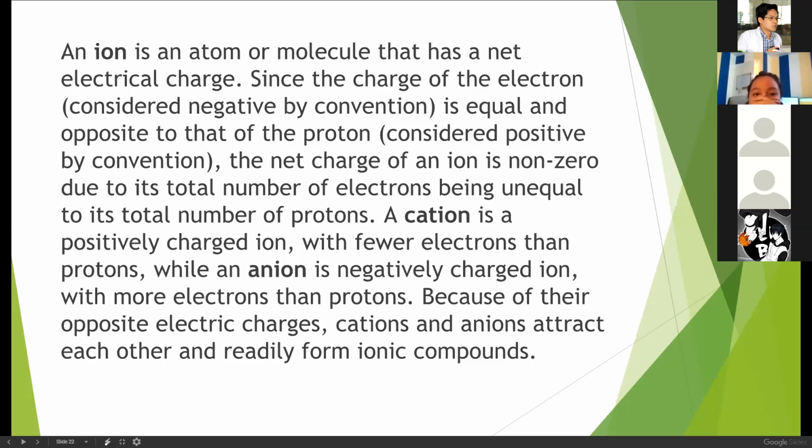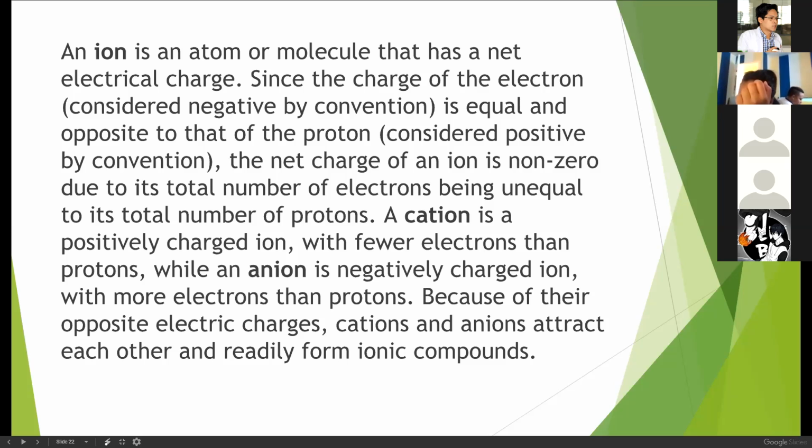A cation, take note, is a positively charged ion with fewer electrons than protons. If it contains more protons than electrons, it is called a cation.